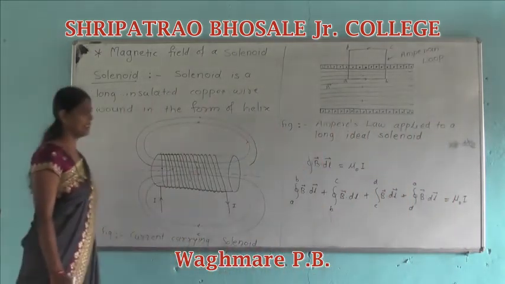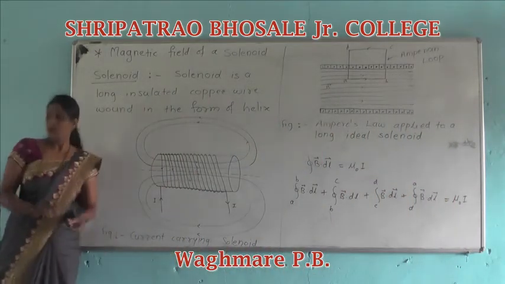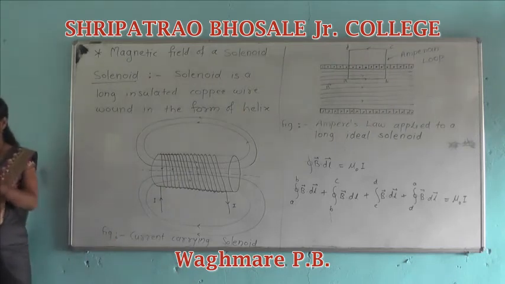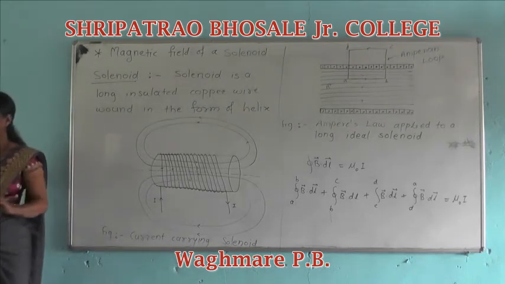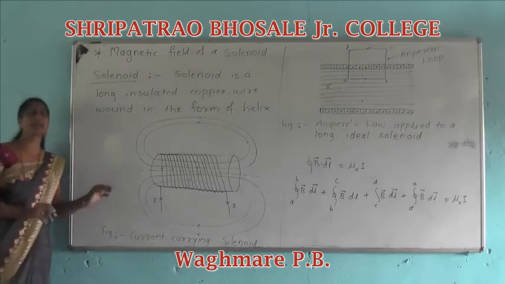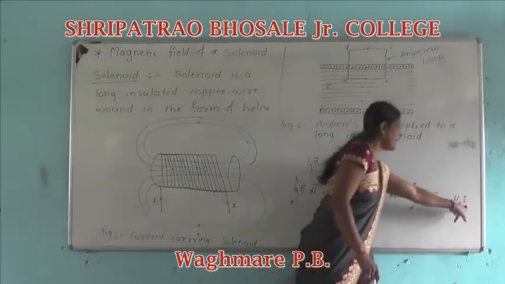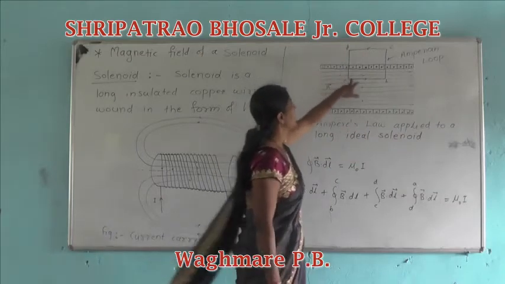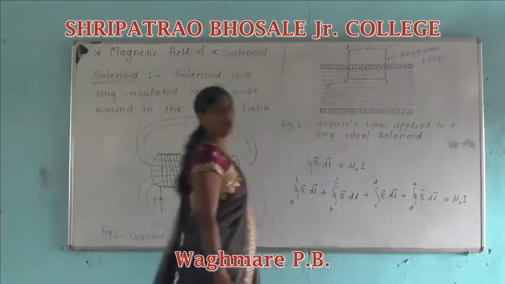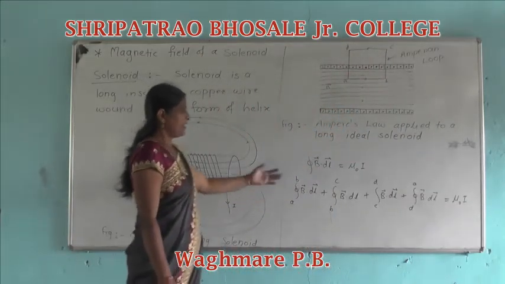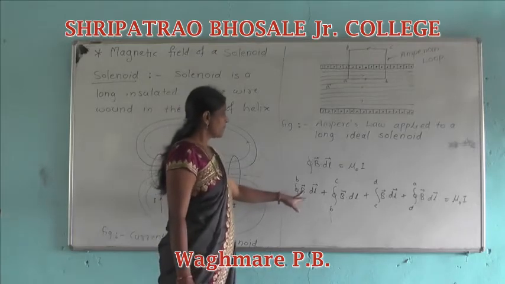Now, in this equation, I is the net current encircled by this loop, by Ampere's law.